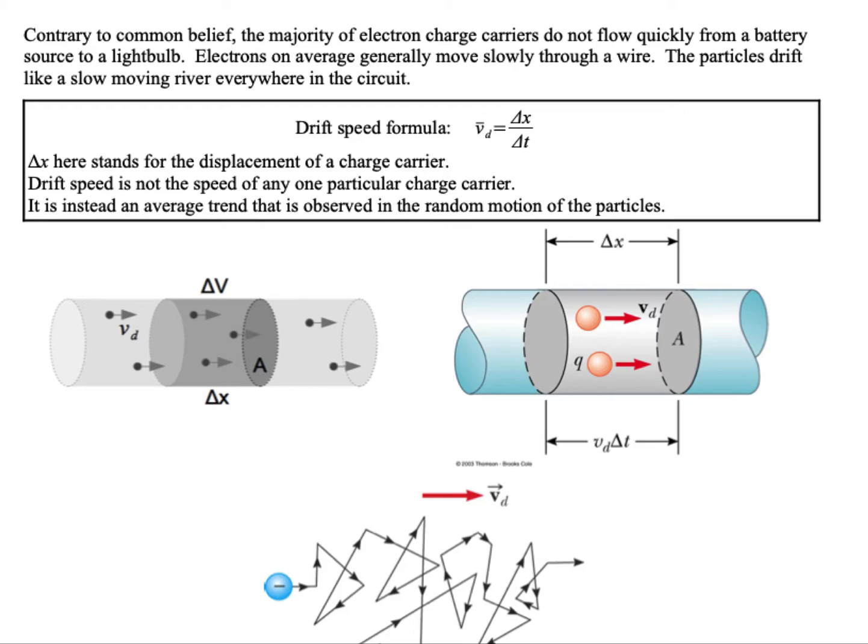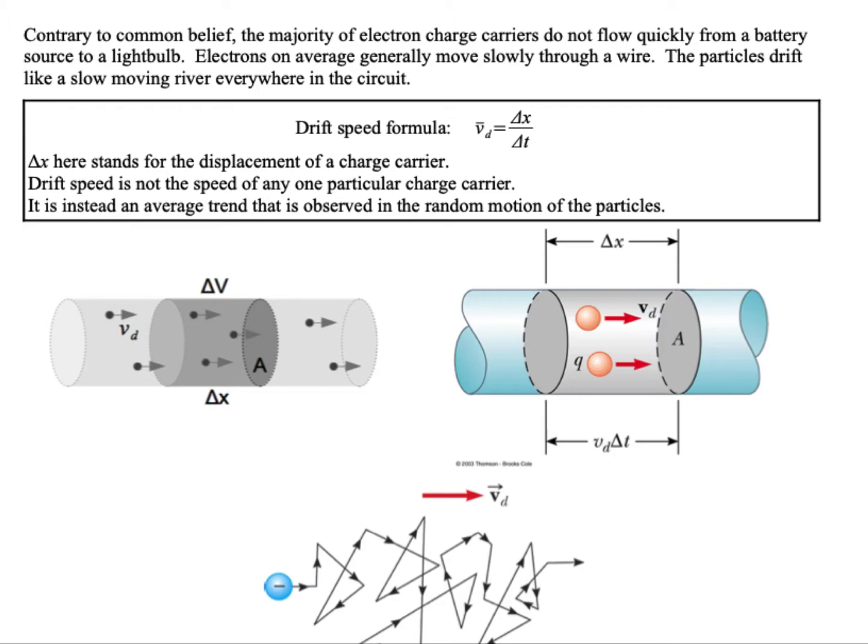The drift speed formula is the same as the Physics 1 formula for speed. It is delta x over delta t, where delta x stands for the displacement of a charge carrier. But drift speed is not the speed of any one particular charge carrier.